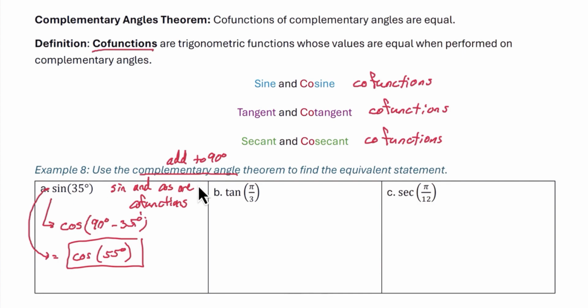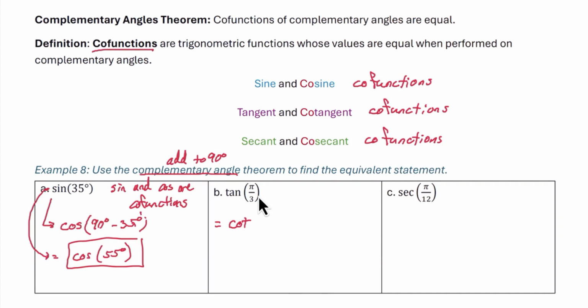In part B, we're looking at tangent of pi thirds. The cofunction to tangent is cotangent. And we're looking for the complement to pi thirds. It's a little bit trickier this time because it's in radians, but if you recall, we have a way to find what 90 degrees is in radians.